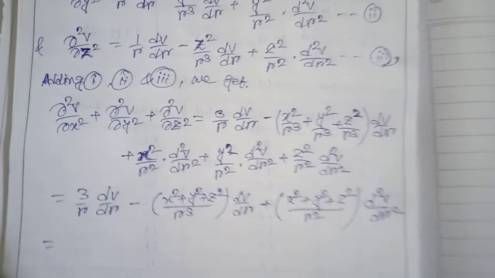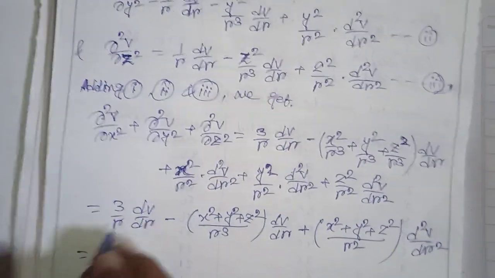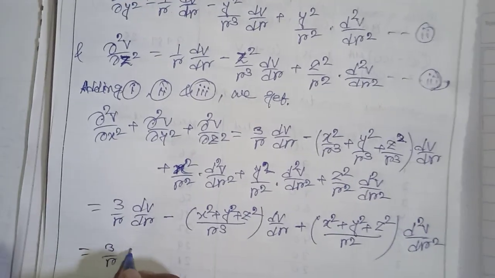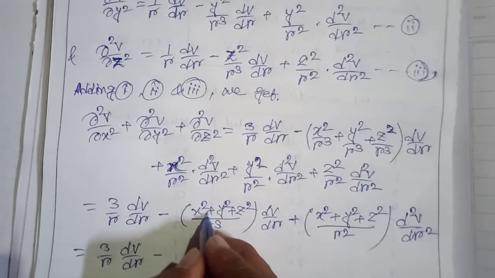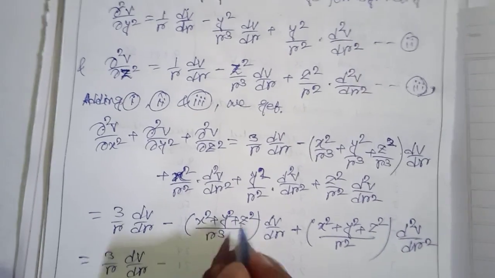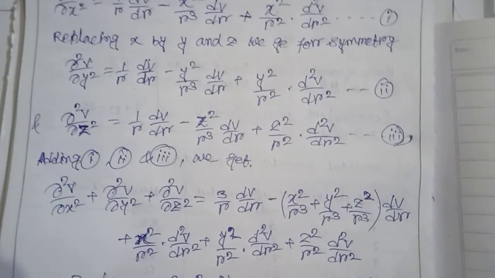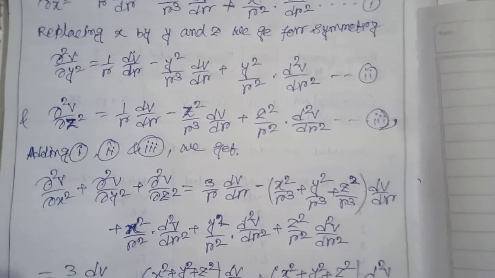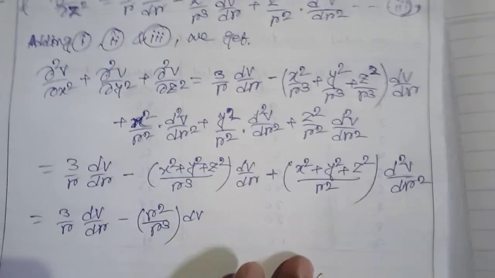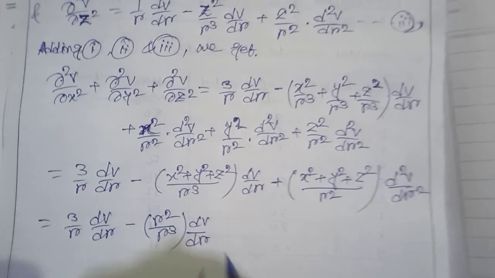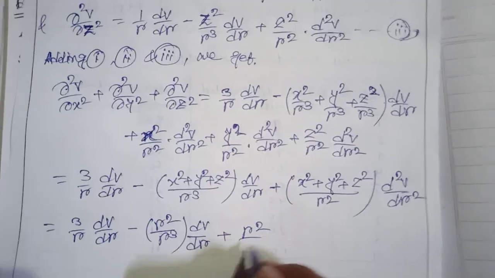So this is equal to 3 by r dV/dr minus, and x² plus y² plus z² equals r², then we get r² by r³ into dV/dr, plus r² by r² d²V/dr².